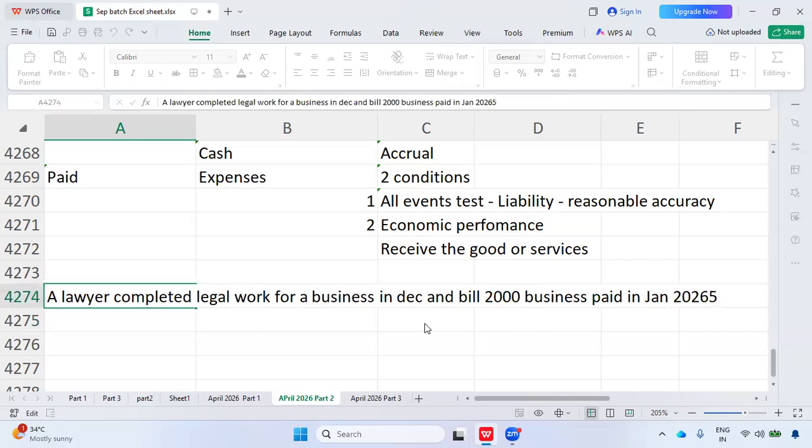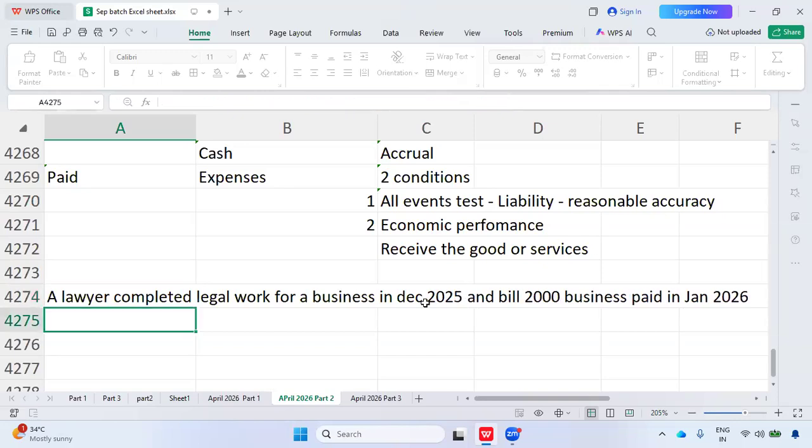So the work happened in December 2025 and payment was in 2026. When can we claim it as an expense, in 2025 or 2026, based on cash method and accrual method? Here the taxpayer is following the accrual method. If it is cash, then we will claim it as an expense in 2026. But if it is accrual, then we can claim it as deductible in 25 or 26.